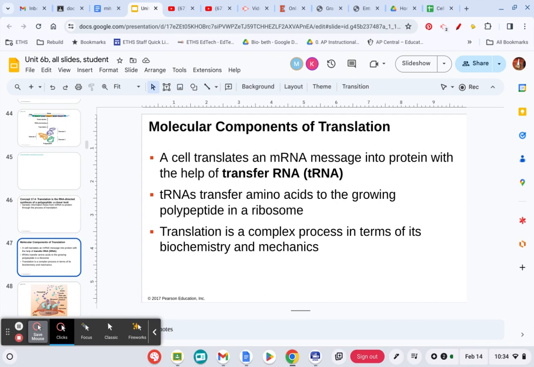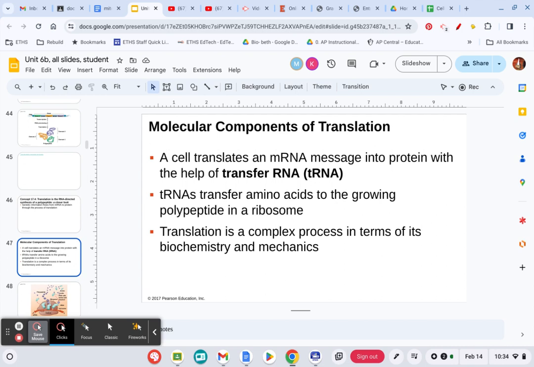They're all single-stranded, but this one has kind of a funky shape. It's called tRNA. T stands for transfer, because what it is doing is it's transferring an amino acid from the cytoplasm to the ribosome where it will attach to make this polypeptide that will be turned into a protein. Okay, so it's transferring an amino acid to the polypeptide chain.